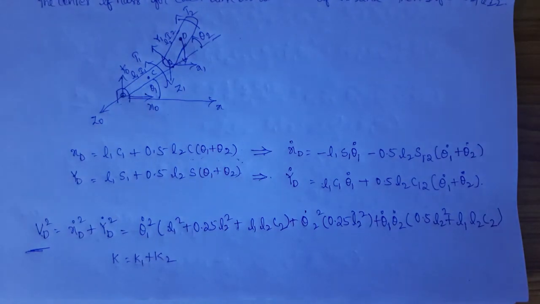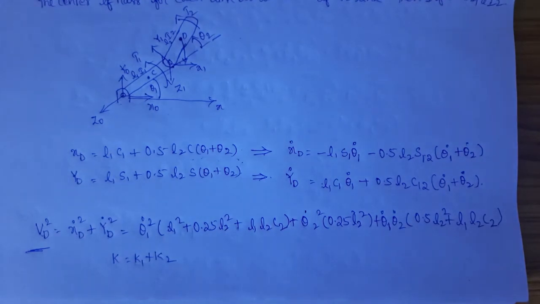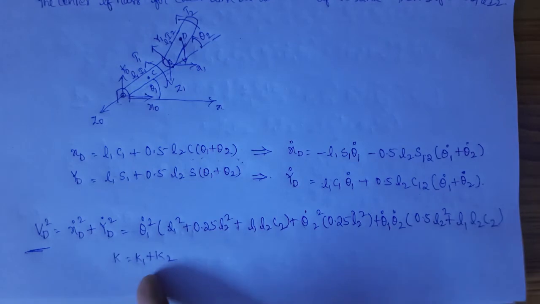Remember the kinetic energy of a link rotating about a fixed point for link 1, and about the center of mass for link 2, is given below. So we will be having K1 plus K2. As the mass is distributed here, we are going to take the help of inertia in order to calculate the kinetic energy.